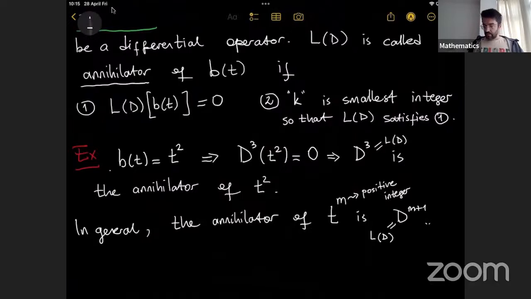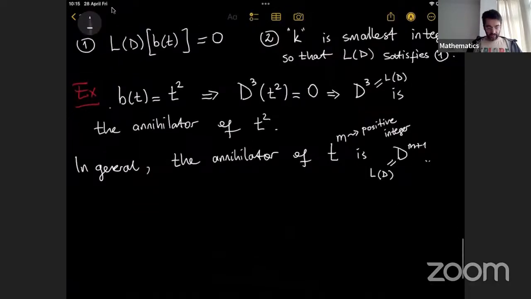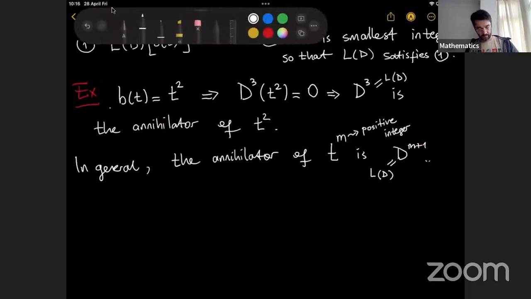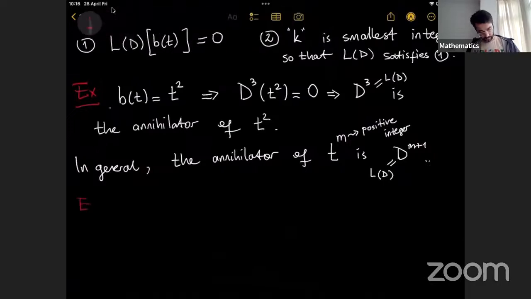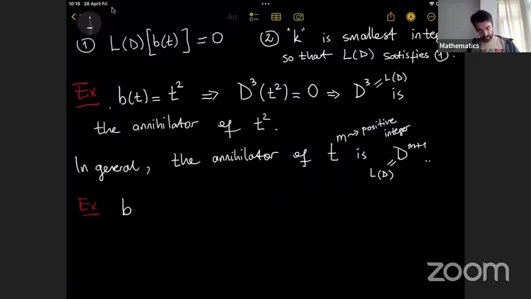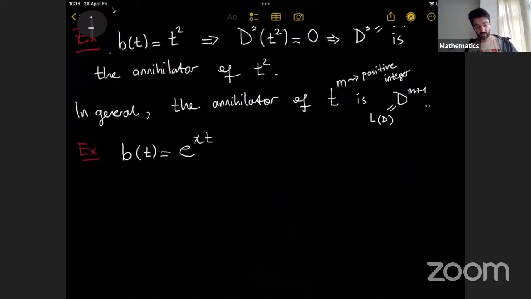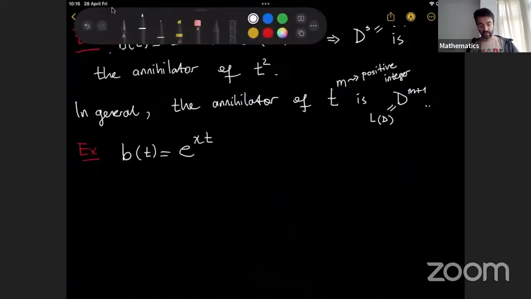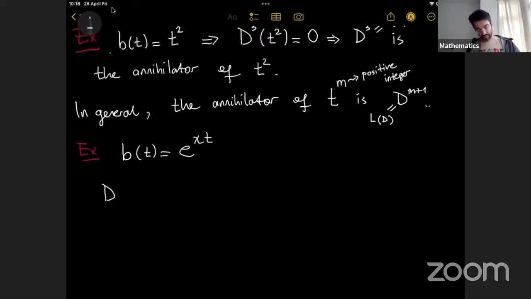Well, let's do more examples. What about this? Let's say the function is e to the lambda t. Do we have an annihilator of this, or what is the annihilator of this? Well, if you differentiate this, D of e to the lambda t, what is the derivative of e to the lambda t?